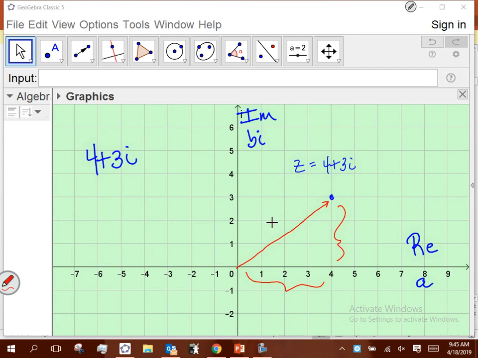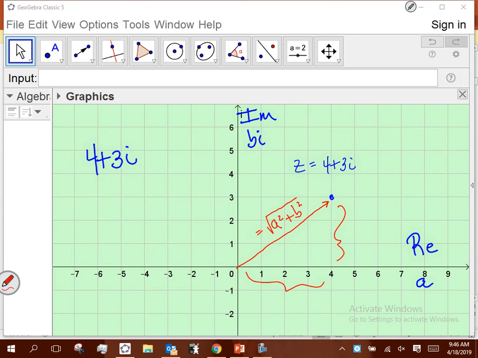So the length of this thing is going to be the square root of whatever your real component was squared, plus whatever your imaginary component was squared. When I do the imaginary, I don't incorporate the i, just the coefficient for it.